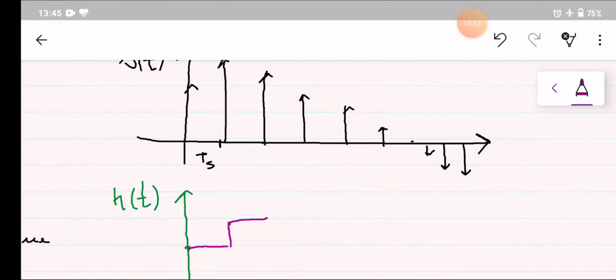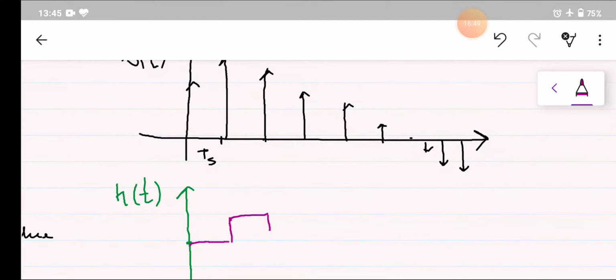Now the value reduces and the signal holds the value for the next sample.